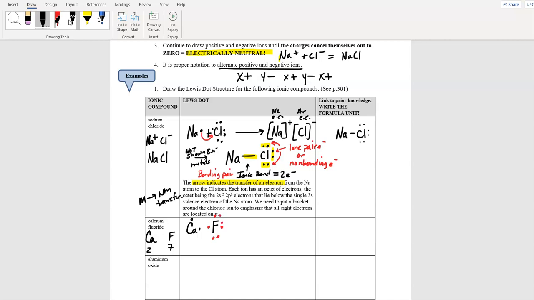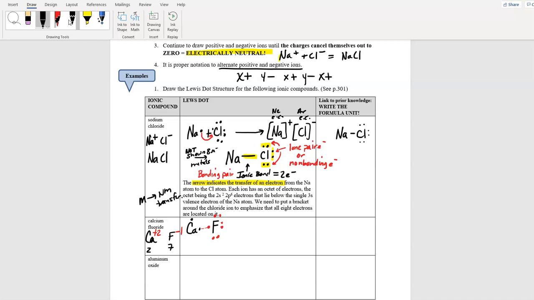Fluorine only has 1 available spot to bond, and then that's it. But what about this lonely electron for calcium? Well, what happens is, you've done this from the past, calcium's going to lose those 2, and fluorine is going to gain, but he can only gain 1. That's the only available spot he has.